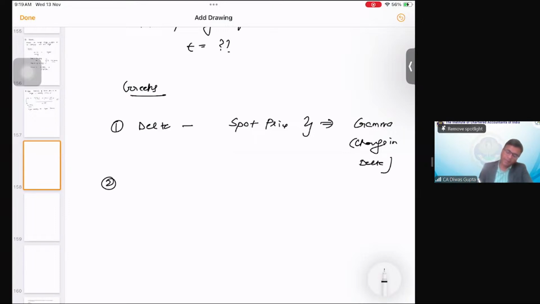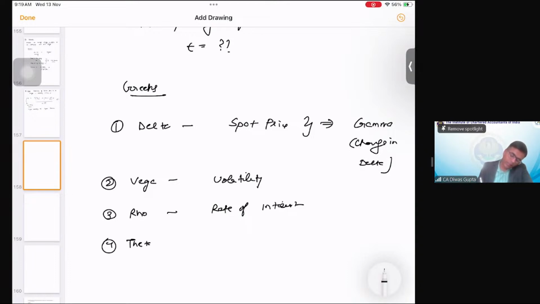Second is vega, which is volatility. Then third is rho, which is rate of interest. Then there is theta, which is time.